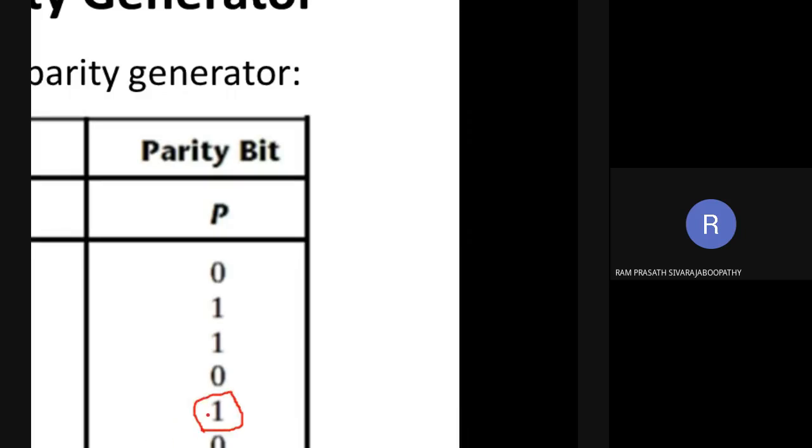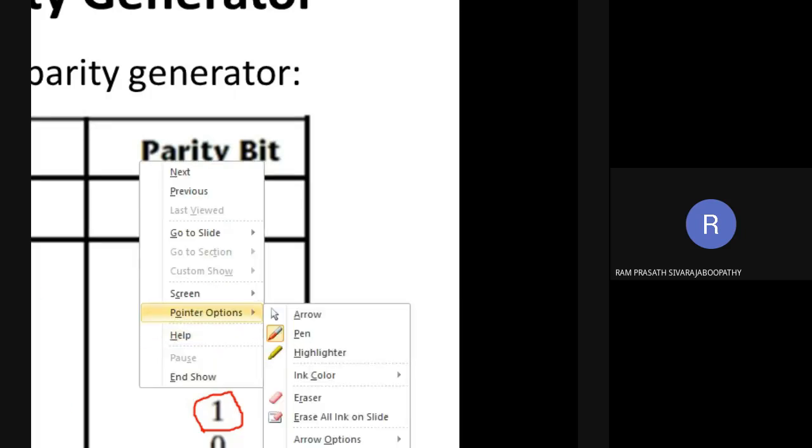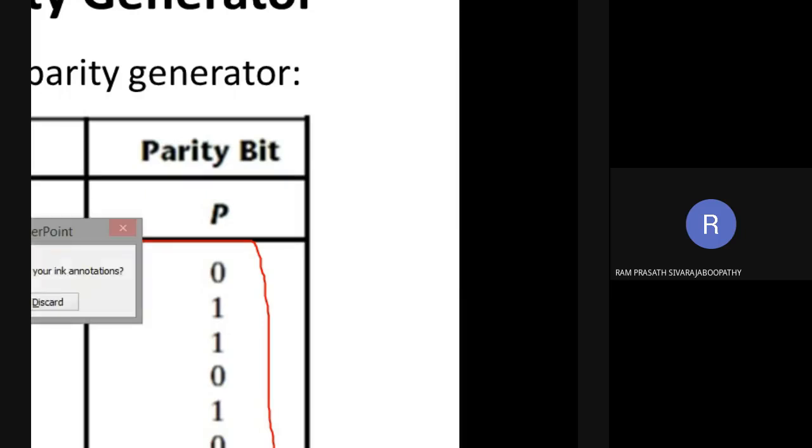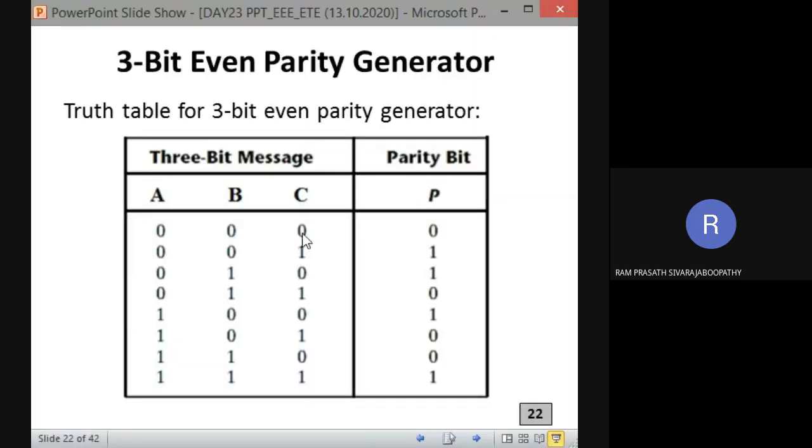So the message plus the parity bit always has an even number of ones. You can check all the options. For all 8 input combinations along with the parity bit, the number of ones must be even. Is it clear for all of you?